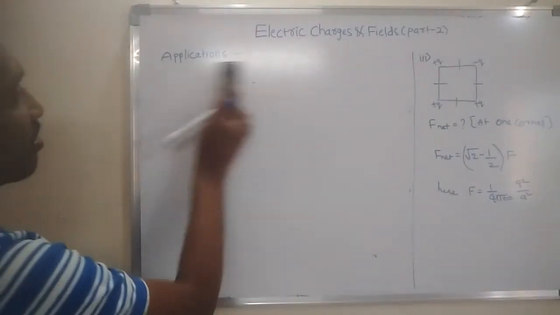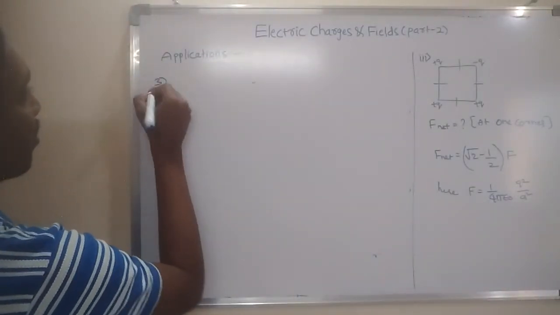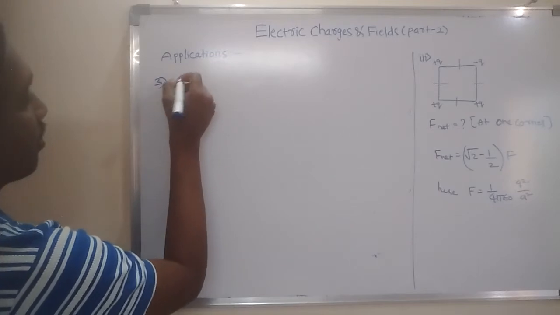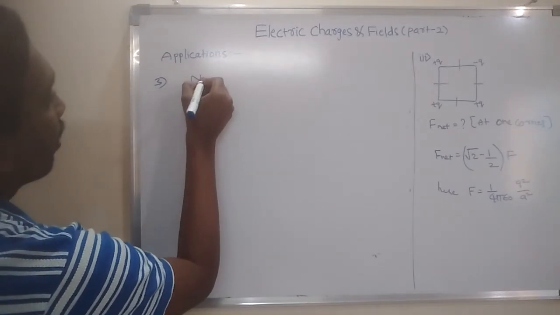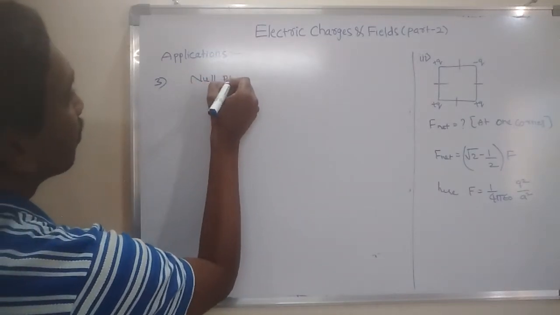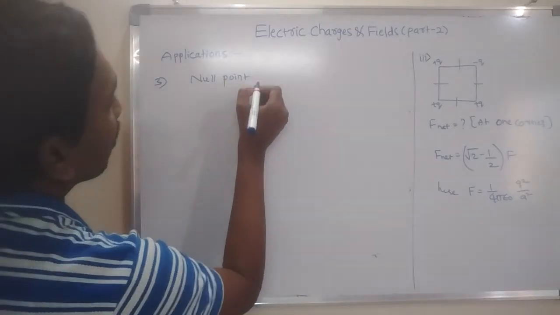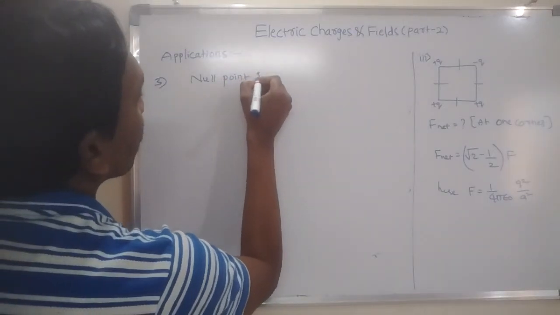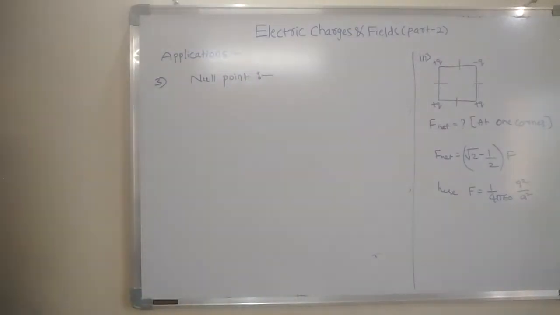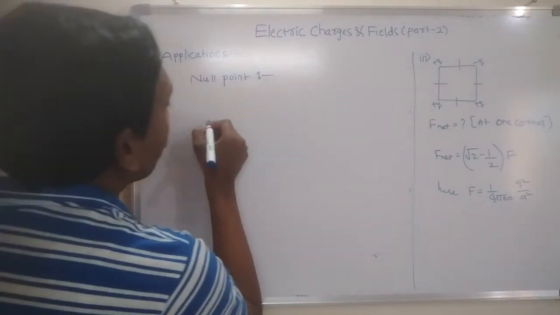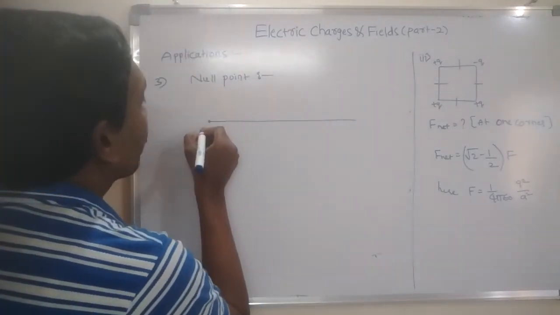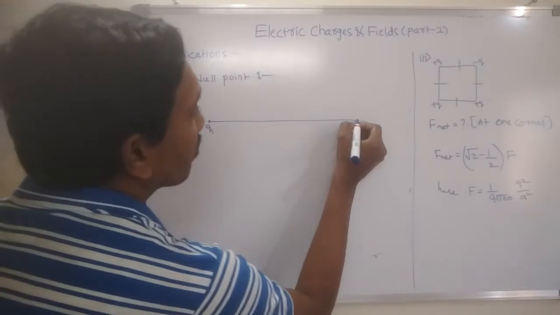That application is, listen to me, the third application: the null point model or neutral point model. So what is the null point model here? In the null point model we have to consider two charges. For example, this is the Q1 charge, this is the Q2 charge.